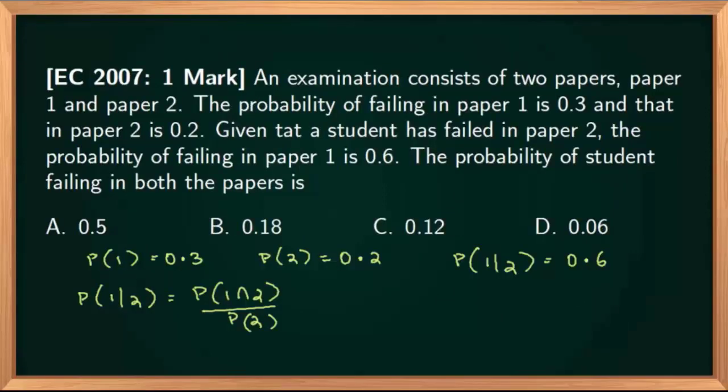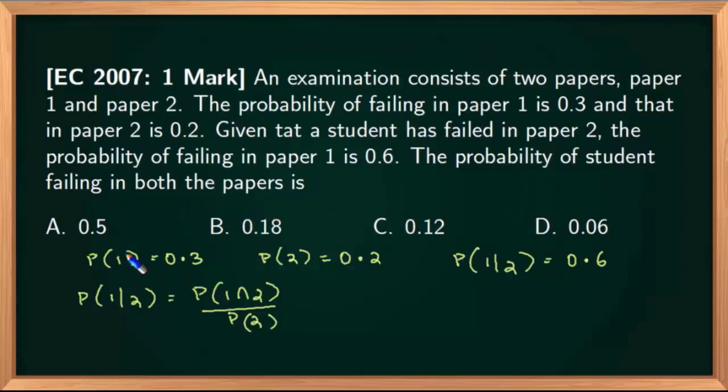An examination consists of 2 papers, paper 1 and paper 2. The probability of failing in paper 1 is 0.3 and that in paper 2 is 0.2. Given that a student has failed in paper 2, the probability of failing in paper 1 is 0.6. The probability of the student failing in both papers.